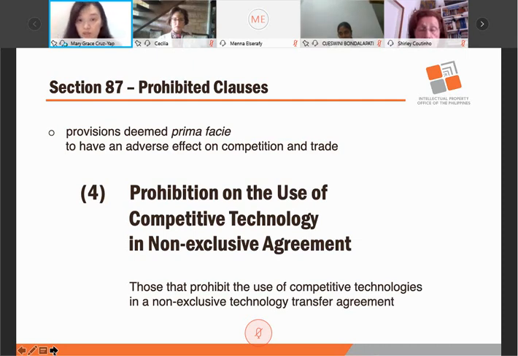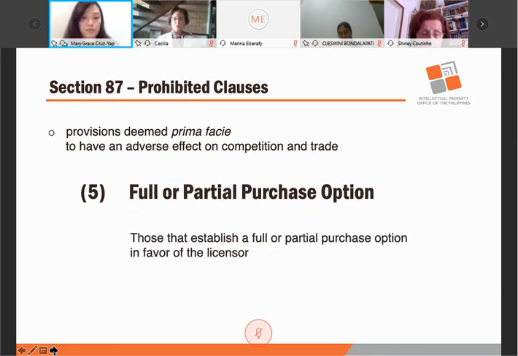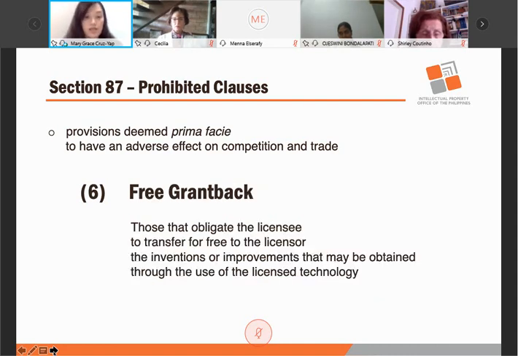If your agreement is a non-exclusive agreement, then the prohibition on the use of competitive technology applies. But if it's an exclusive agreement, then that provision may be sustained. So the keyword is: what kind of agreement are you getting into? Full or partial purchase options are also prohibited clauses.